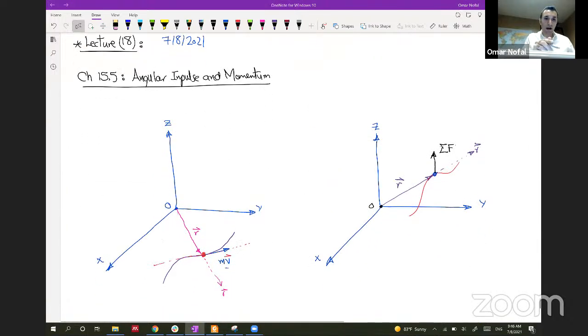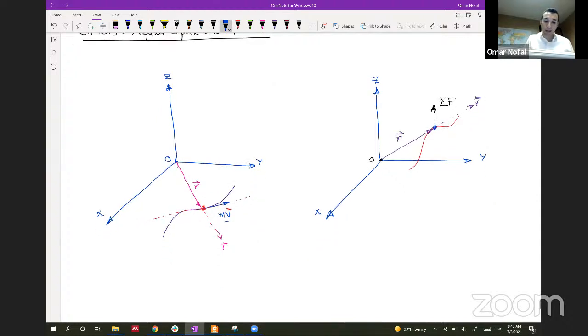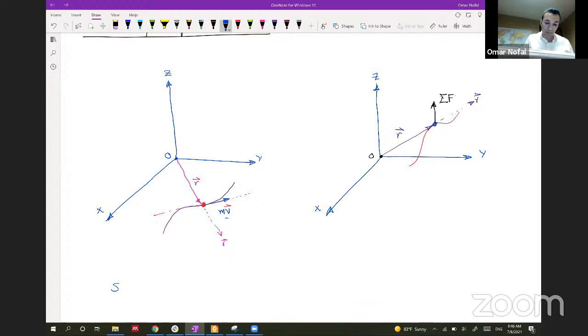When we talked about angular momentum, the angular momentum is the moment of the linear momentum about point O. If we want to get this into a scalar form, to get the moment of any vector about any point, you have to find the perpendicular distance d between this point and this vector, and then multiply it by this vector.